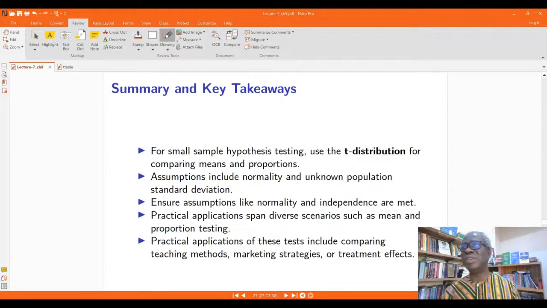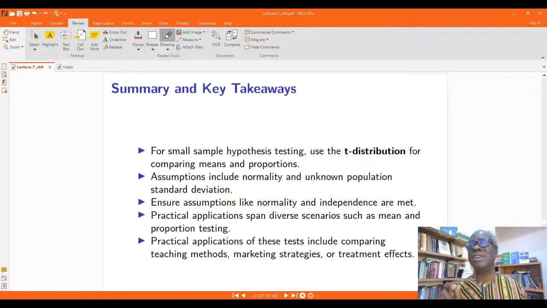Two, the population standard deviation is unknown, so we estimate it from the sample. So these are the conditions. We must also ensure independence. It's not only about this test alone.